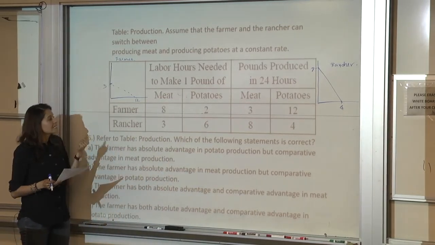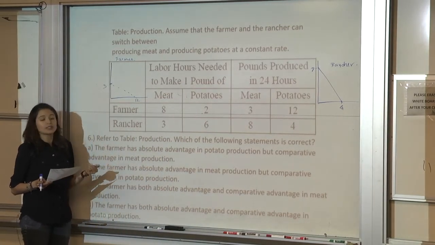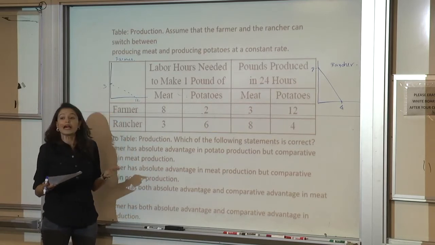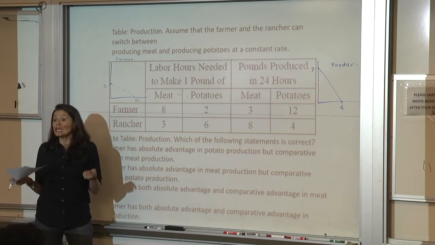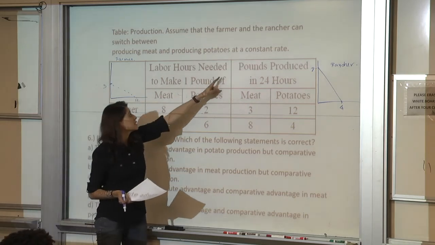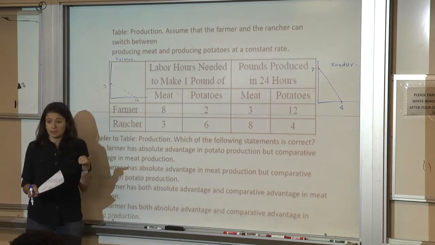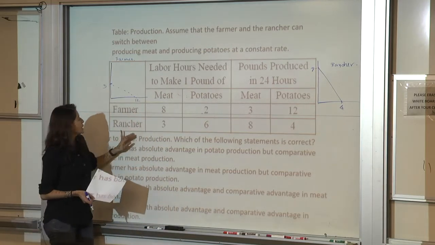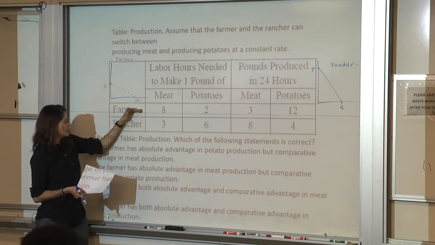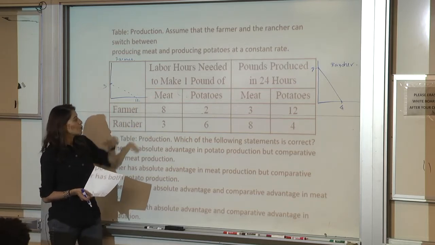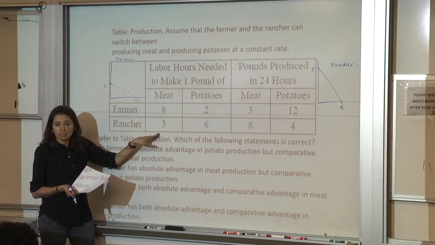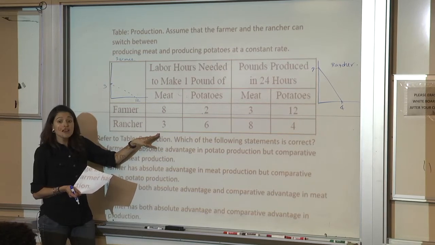So then, let's talk about absolute advantage. What do you look for in absolute advantage? As I said, inputs, okay? What are the inputs? Labor hours needed to make 1 pound. If we compare the inputs needed for the farmer versus the rancher to produce meat, who has an absolute advantage? The rancher.